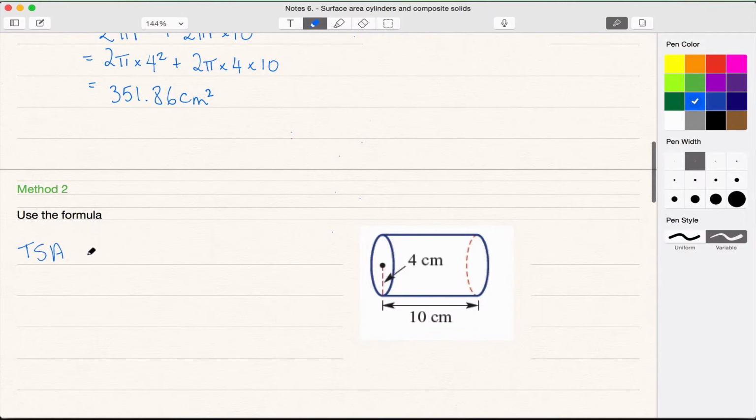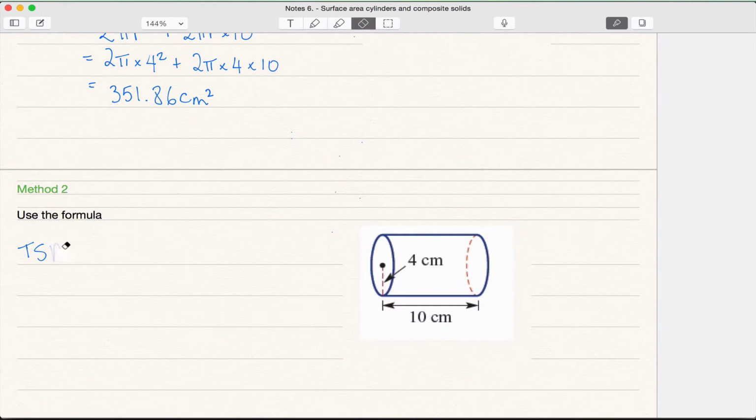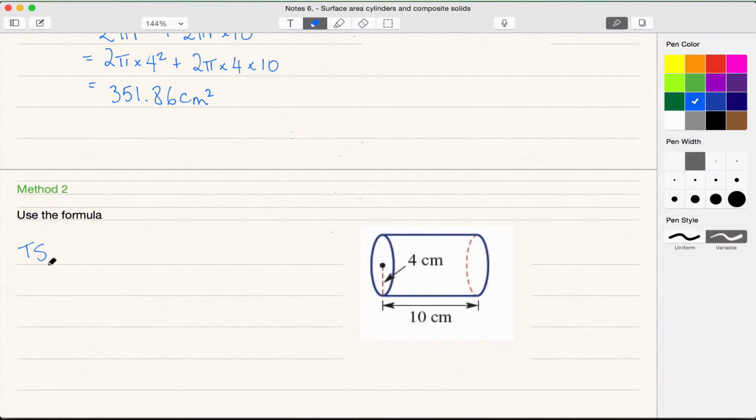So, the formula that we need to write here, always start with what you're going to be doing. Total surface area, terrible looking, eh? Equals 2 pi r squared plus 2 pi rh.